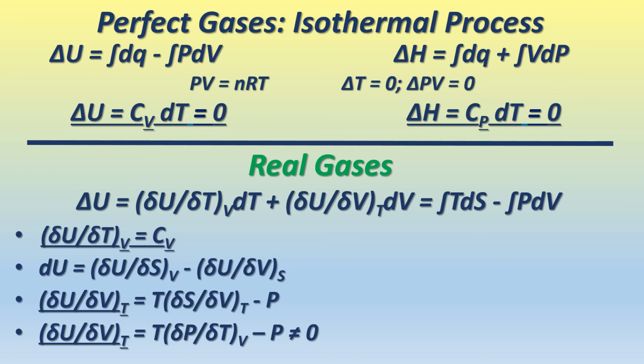This does not equal 0, even though the change of U at a constant temperature should be 0. But with respect to the volume, it does not wind up being 0.